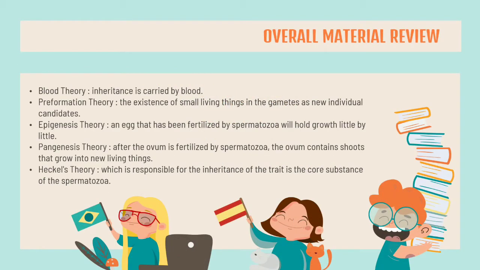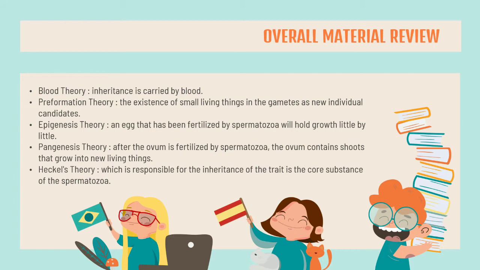Overall material review. Blood theory: inheritance is carried by blood. Preformation theory: the existence of small living things in the gametes of new individual candidates. Epigenesis theory: an egg that has been fertilized by spermatozoa will grow little by little.